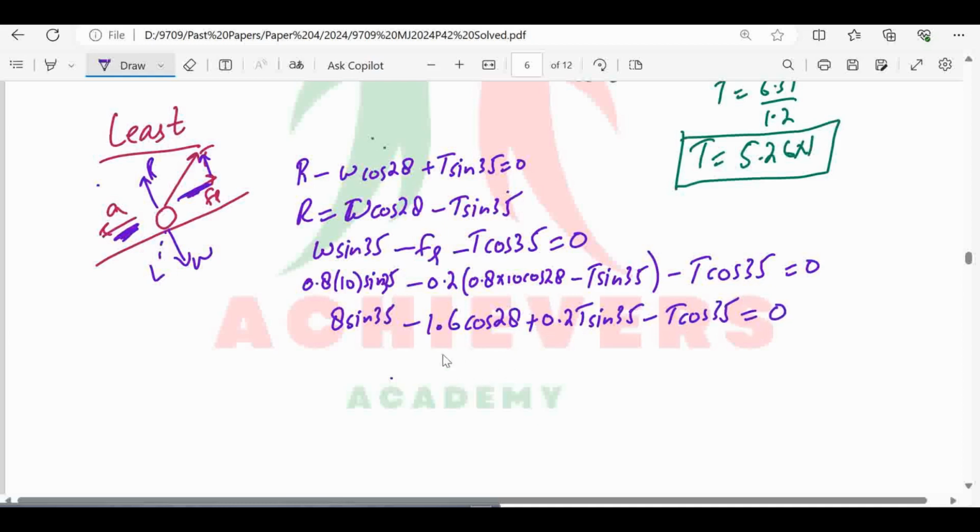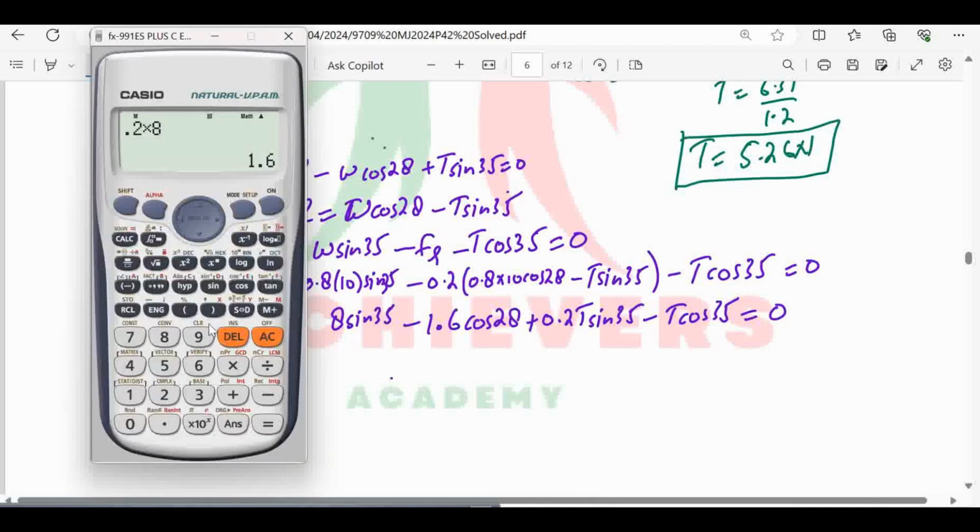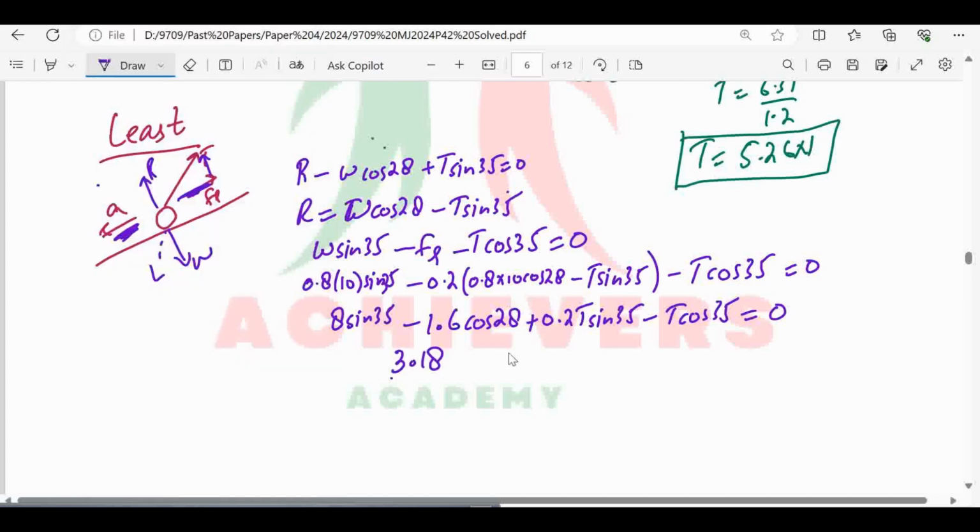Now if we simplify it further, so this will be 8 sine of 35 minus 1.6 cos of 28. This will be equal to 3.18 plus 0.2 T. Let me shift it to the other side so that we will have the positive values for this.